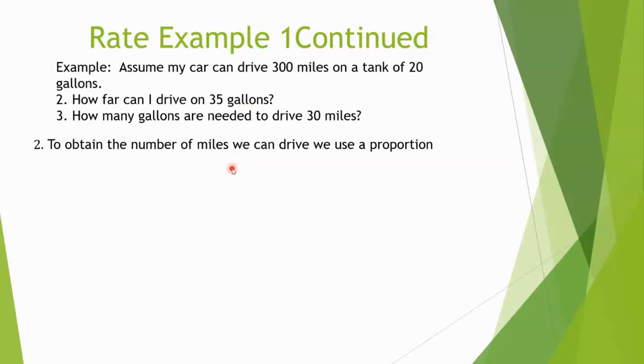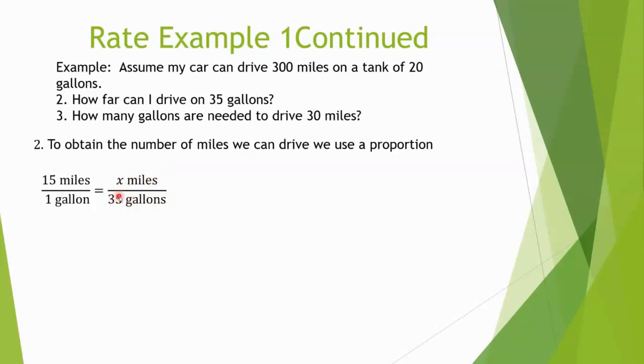What I'm going to use is that unit rate that we just came up with, right? That's what this is. But we also have another rate, don't we? X is how many miles we're going, and we have 35 gallons of gasoline. This rate also tells us how far we're going on gasoline for that car.